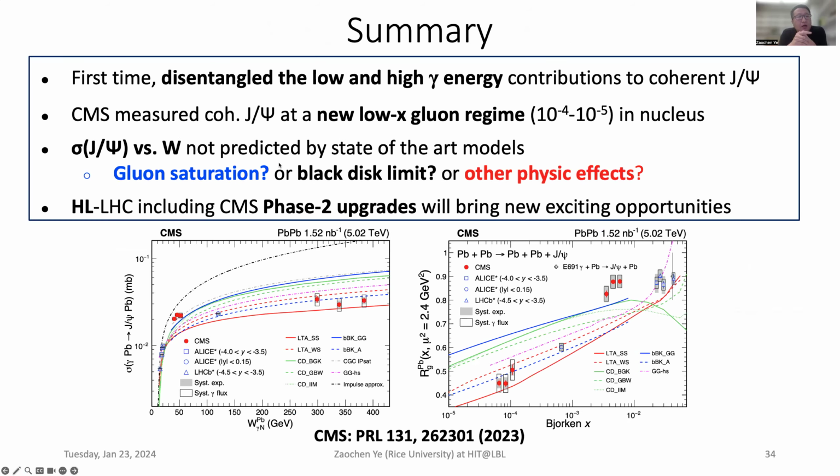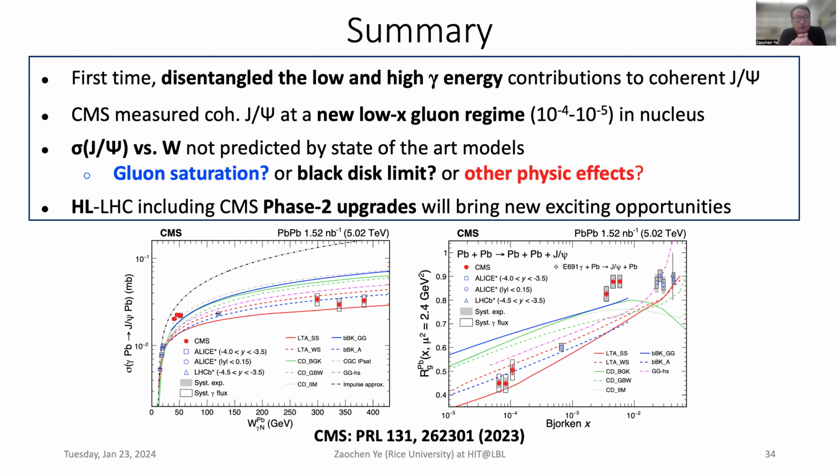So for the summary of today's talk, for the first time we realized the disentangling of the low and the high energy photon contributions to the coherent J/psi photoproduction. And we successfully measured the coherent J/psi production at the new low X gluon regime.